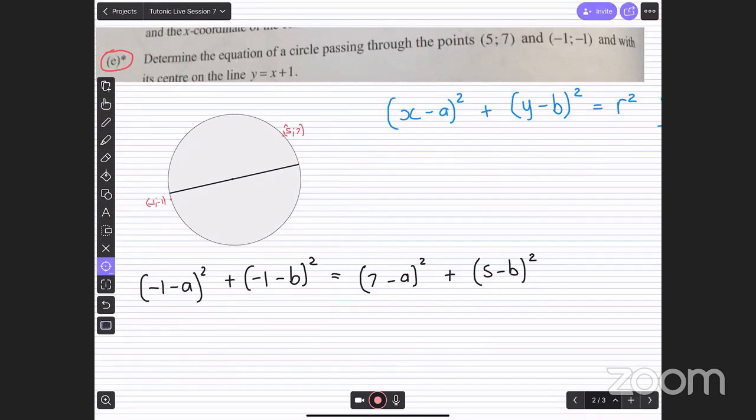Yeah, because both of these equal r squared, so you can just make these equations equal. Do you guys agree? Yeah. But then won't you get an answer in terms of a or b? That's what I'm saying. It's the problem because you've got one equation but two variables. Do you see?